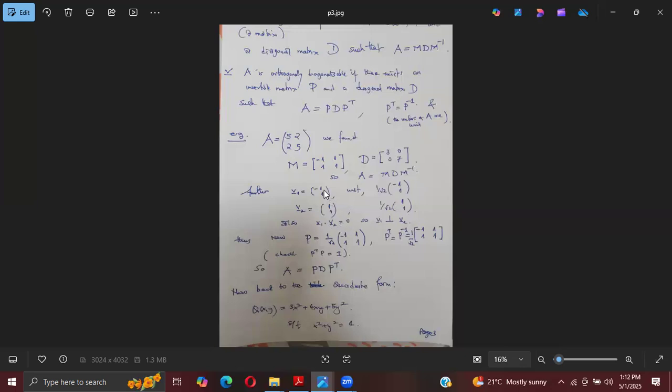Dot product means that I multiply the corresponding x value of vector 1 times that of vector 2, plus the y value times the y value, and I should get 0. Look at this. Minus 1 times 1 is minus 1, plus 1 times 1 is minus 1 plus 1, which is 0. So this is what I've written here: V1 dot V2 is 0.